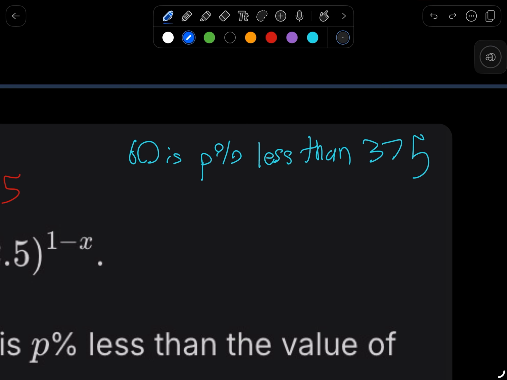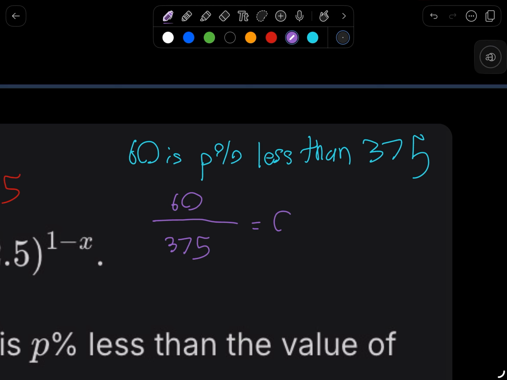So what I mean by that is you can think of it as a 1 minus p, right? But I'm going to explain it the way that actually makes much more sense to me, and I think is actually more intuitive. So if you're given 60, right, and that's a specific part of the entire 375, right?